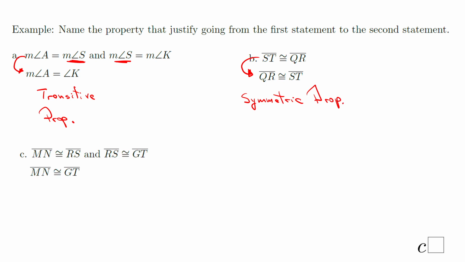And the last one here, we have segment MN congruent with segment RS and segment RS congruent with segment GT. You notice again, these two guys, the same segment, in fact, RS. By the transitive property, we can say segment MN congruent with segment GT. Transitive property.